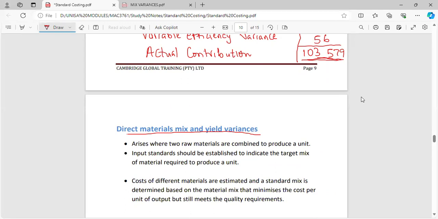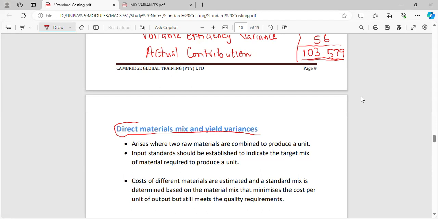Remember, when we are making a product, some products might require two types of material to make them. In most of our questions for costing, you will see that we will have two different types of materials used to make the product. So that's where we derive the material mix variance.